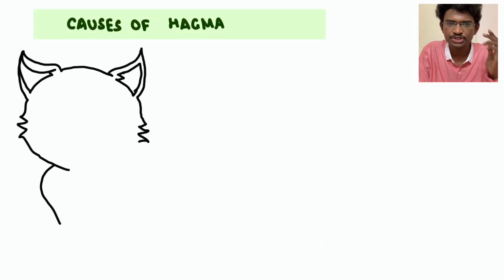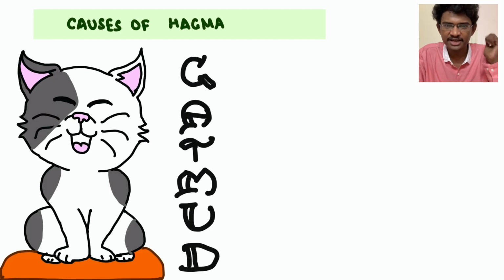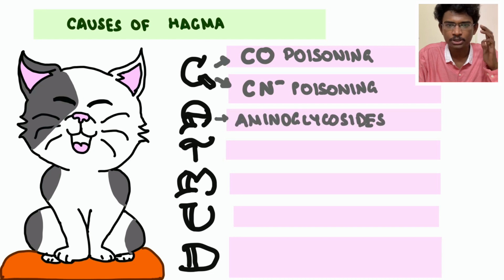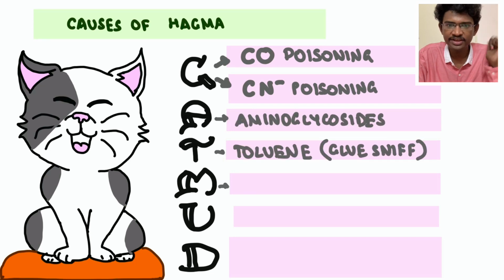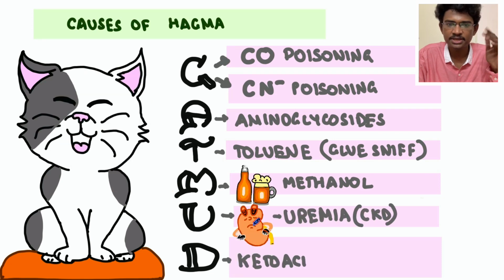Let's see the causes of HAGMA, high anion gap metabolic acidosis. Remember this animal, a cat sitting on the mud and it is piling up. CAT MUD PILES. C: carbon monoxide or cyanide poisoning. A: aminoglycosides toxicity. T: toluene, in the question they give glue sniffing. M: methanol toxicity. U: uremia, seen in CKD and kidney disease patients.